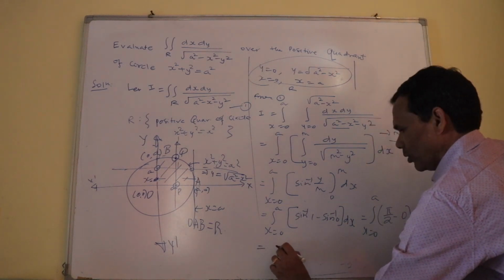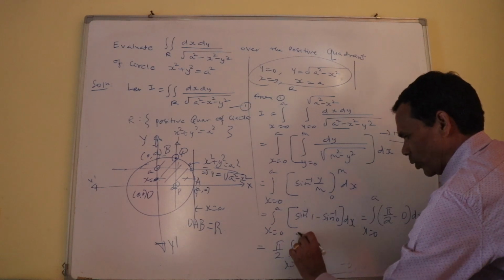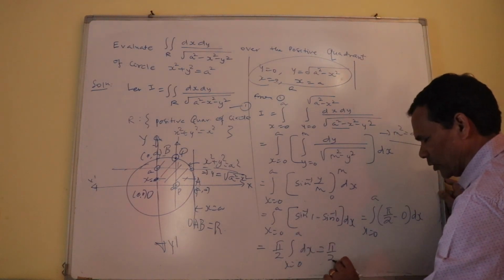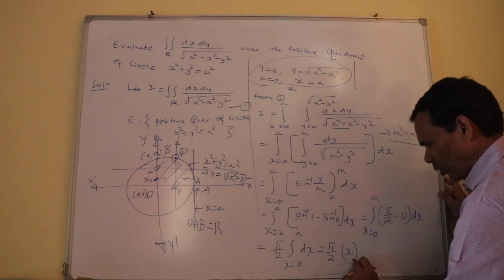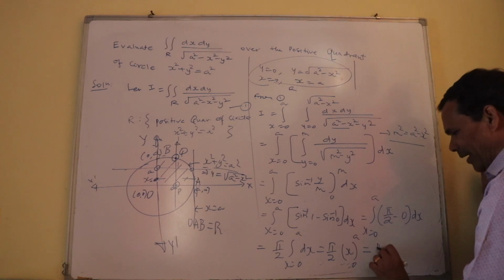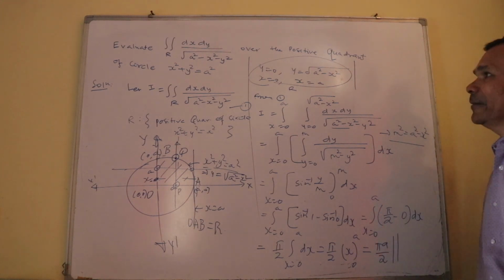This is equal to pi by 2 is outside, it is constant, x from 0 to a into dx, and this is equal to pi by 2 x, limits from 0 to a. So this is equal to pi a divided by 2, is the value of this integral, pi a divided by 2.